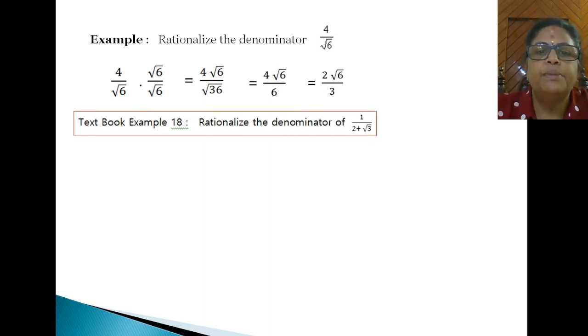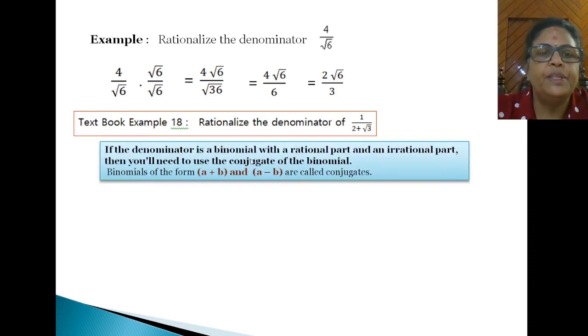Now a textbook example: rationalize the denominator of 1 by 2 plus root 3. 2 plus root 3 is a binomial. So what will we do here? If the denominator is a binomial with a rational part and an irrational part, then you will need to use the conjugate of the binomial.